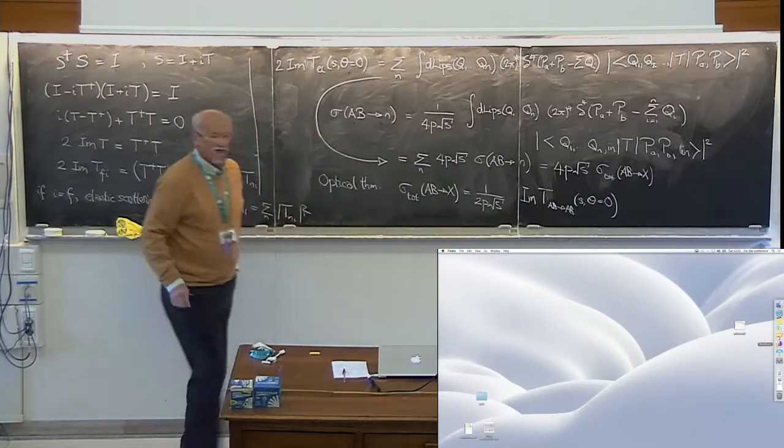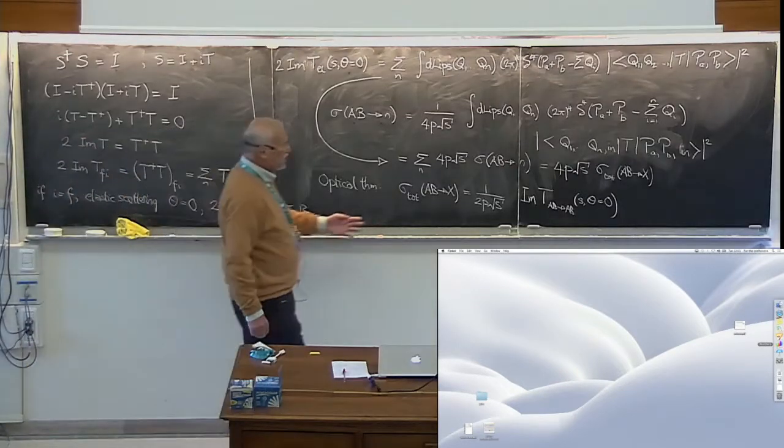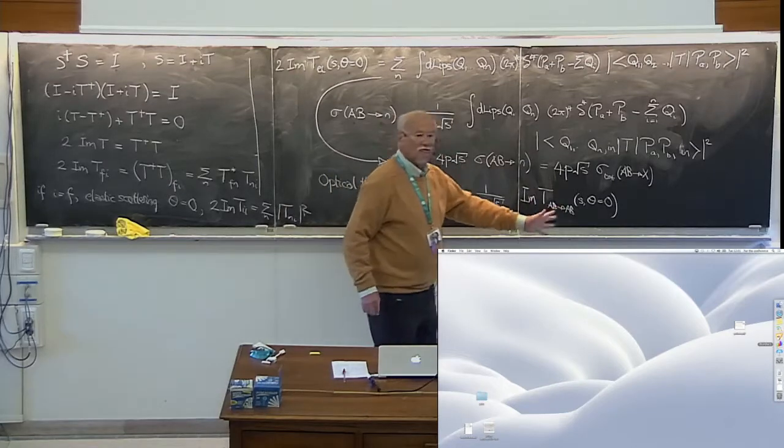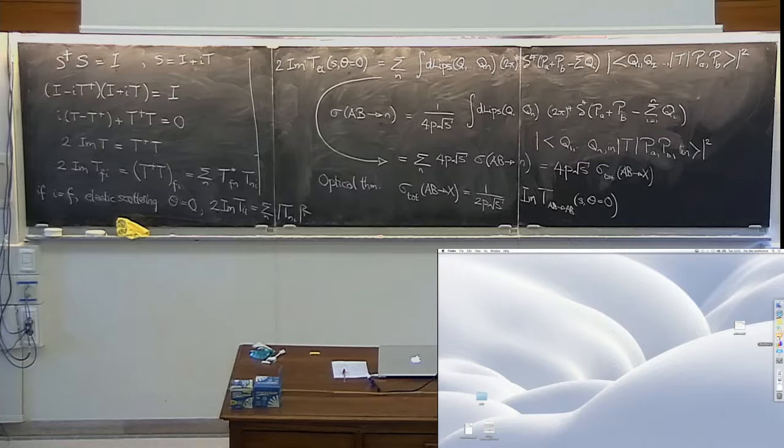So that's called the optical theorem. It says that the total cross-section for a process, AB to go to anything, is related to the imaginary part of the amplitude for AB to go to AB, the forward part of it. Now, I'm sure you've met that before.